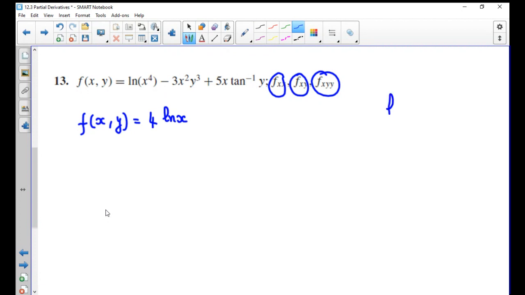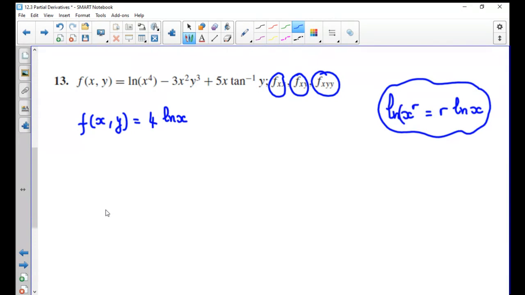Remember that the rule of ln of x to the power of r is the same as r ln x. This rule sometimes is really useful to simplify functions. And I will leave the rest as it is, 3x squared y to the power of 3 plus 5x tan minus 1 of y, like this.